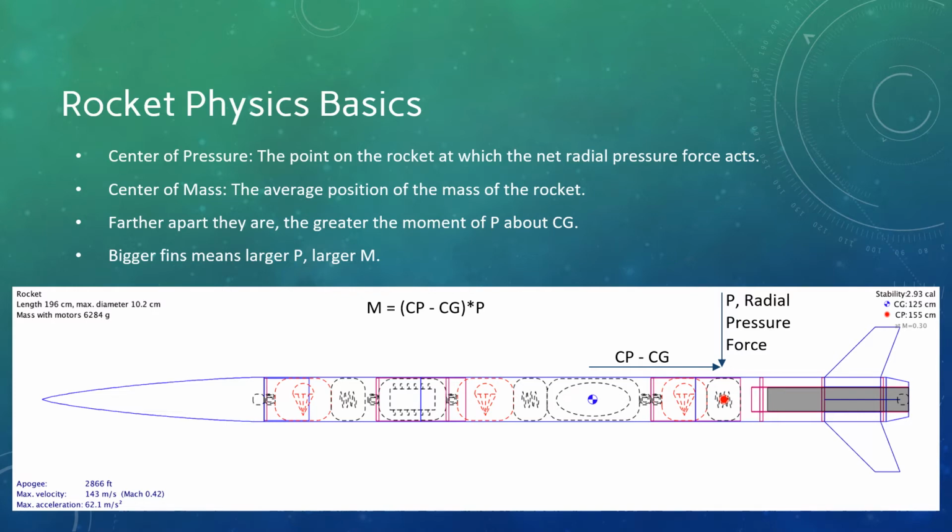The center of pressure of the rocket is the point at which the net radial pressure force acts on the rocket. And in this diagram, the center of pressure is represented by the red dot down towards the fins.